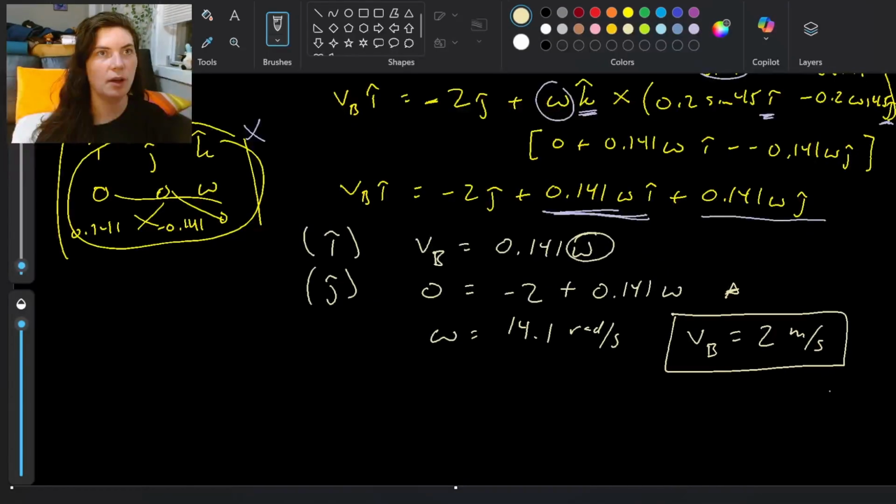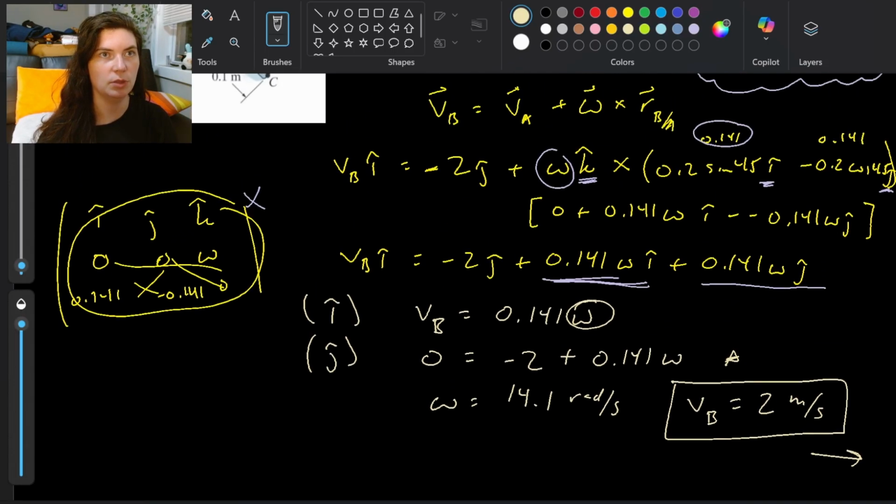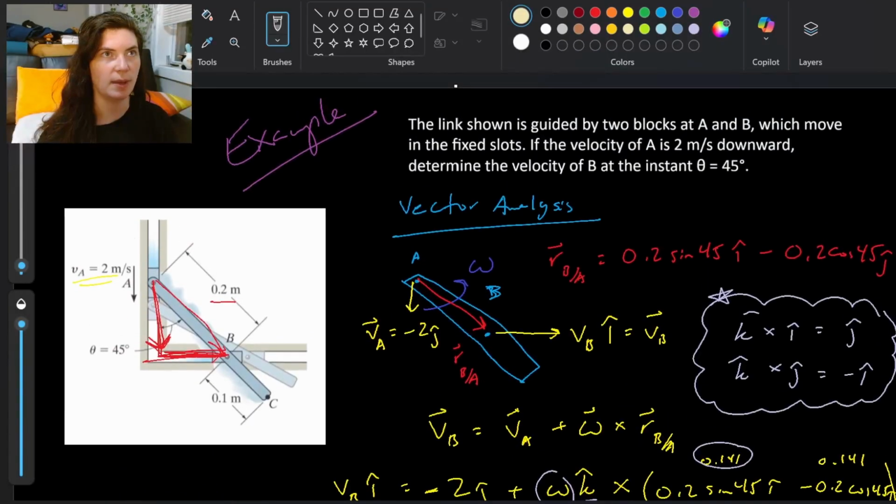If you want, you can slap a j hat or an i hat on it for direction. You can give it a directional arrow, but really we can just give the magnitude. It didn't specify. So velocity of B is 2 meters per second in our i direction there.